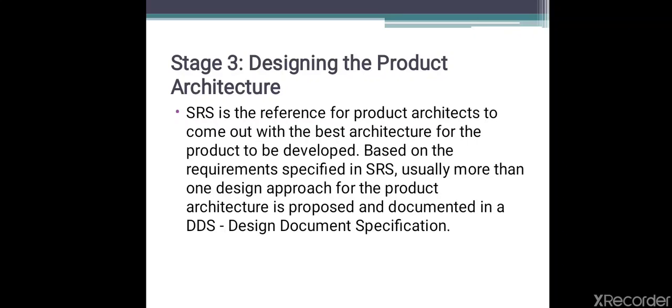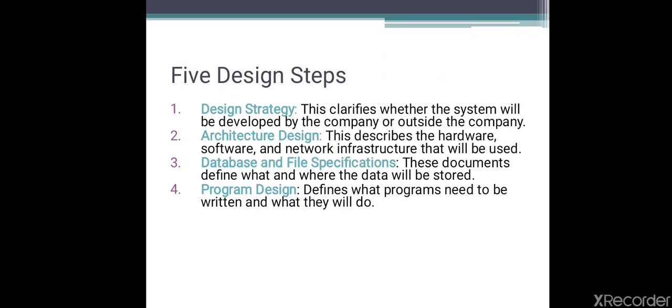So after designing the product architecture, there are 4 design steps. First of all is design strategy, then architecture design, then database and file specification, and program design. The design strategy clarifies whether the system will be developed by the company or outside of the company.